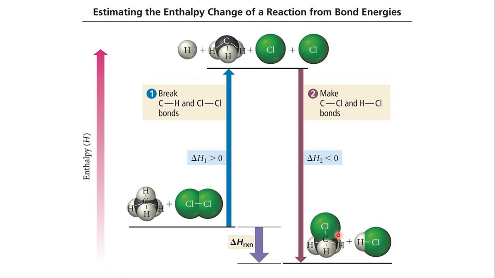The two bonds we're forming release more energy than breaking the two bonds takes. So overall, we have a net release of energy, and therefore this whole reaction would be exothermic. And that is how we can use bond energies to calculate delta H of reaction. With that, I will see you in the next video.